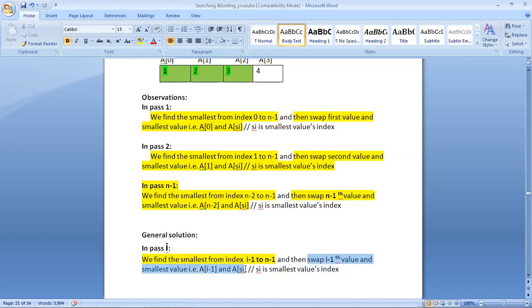That means the value at index I minus 1 and the smallest value should both be swapped. In pass 1, we swap the first value, that is A of 0, so 1 minus 1 is 0. In the generalized solution, it is A of I minus 1 and A of Si. So that is the generalized solution of what we are supposed to do in pass I.